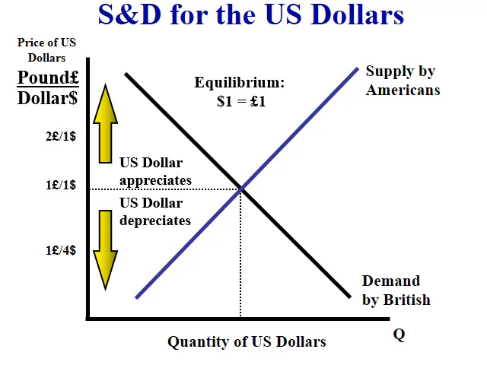Now, one of the reasons why I always recommend drawing the US dollar graph and then the British graph side by side: if the demand by British increases on the US dollar graph, then that means that the supply by the British of British pounds would also increase.